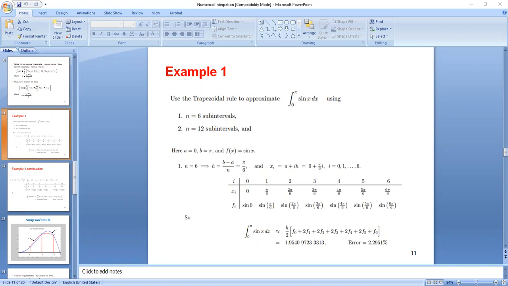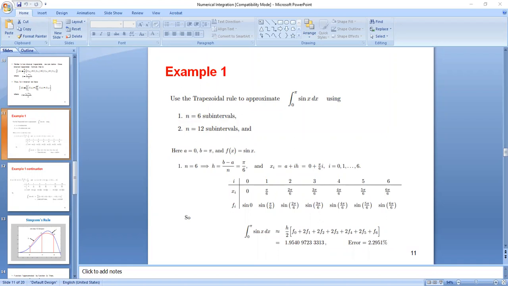Okay. So for this example, you are to determine the area under sine of x on the interval 0 to pi using 6 divisions or 6 subintervals, and number 2 using 12 subintervals. Now you will compare the areas that you got in these two approximations, and of course check which of the two is more accurate.